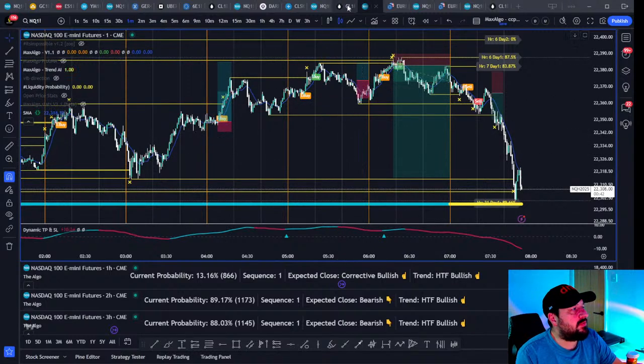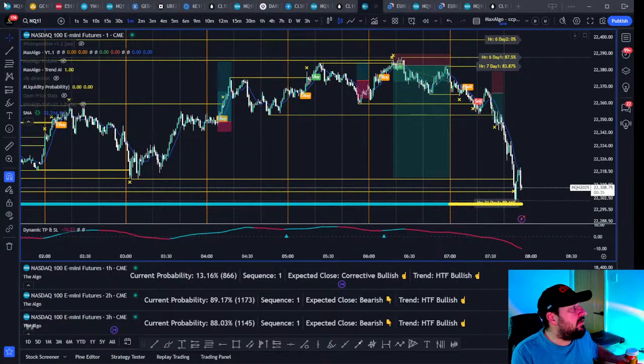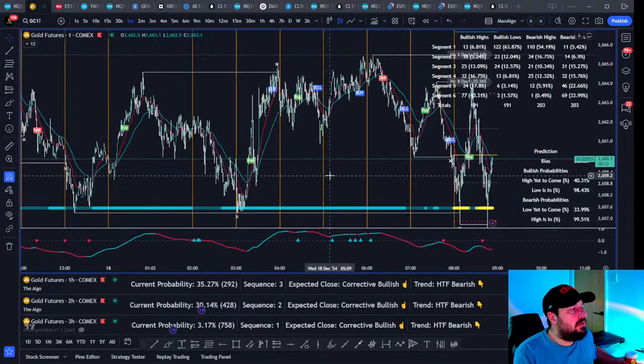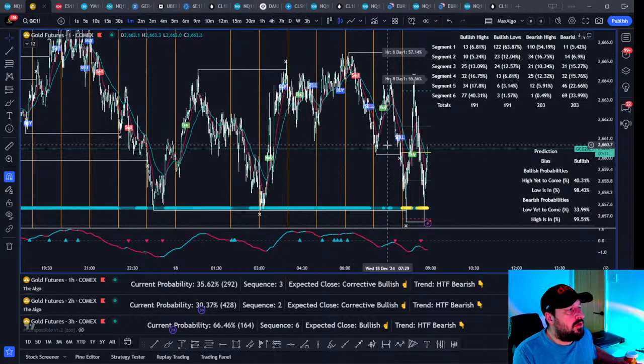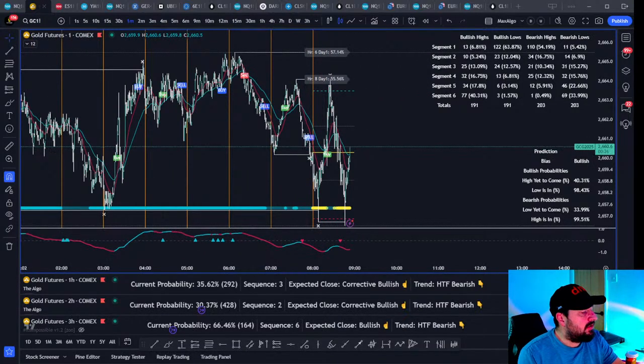Let's have a little look around, shall we? I haven't looked at any other pairs. Just been trading NQ this morning. Oh, no, I was short gold. That's right. Let's have a look. Woohoo!